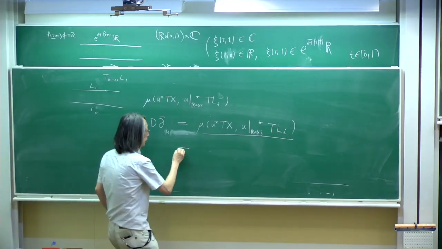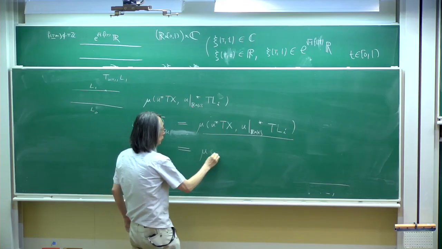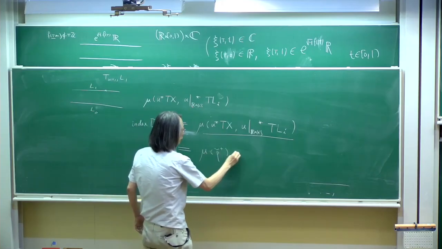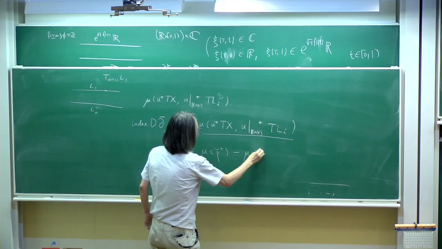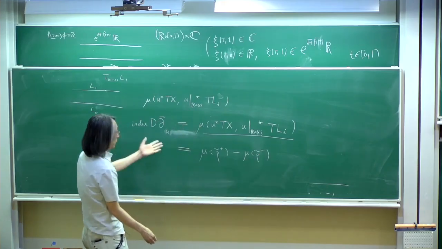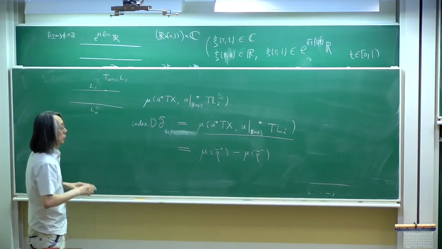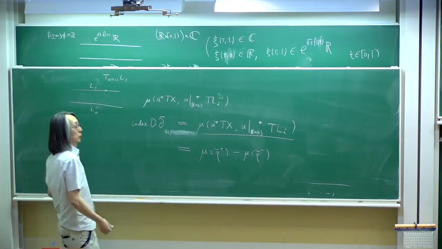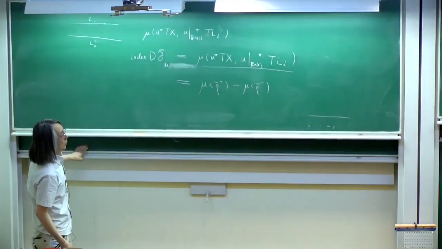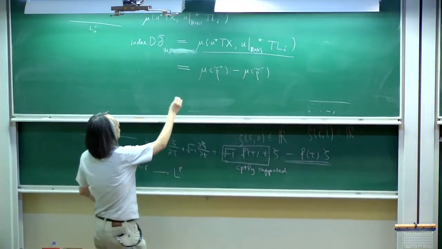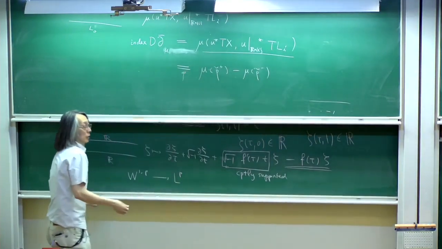This one is equal to mu of p tilde plus minus mu of p tilde minus, right? So this is the dimension of the space of solutions before modding out by the translation symmetry. So why is this?